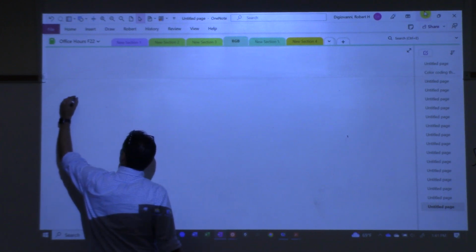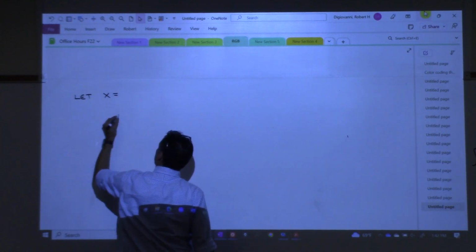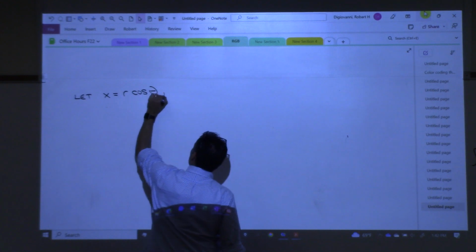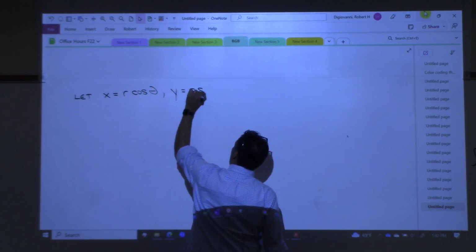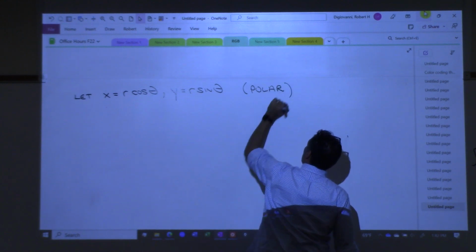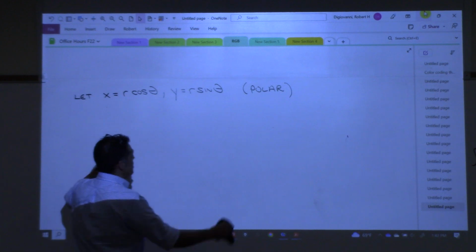So let's let x be equal to r cosine theta. Let's let y be equal to r sine theta. That's our polar. But because I want to do everything using that formula, I'm going to scratch this.